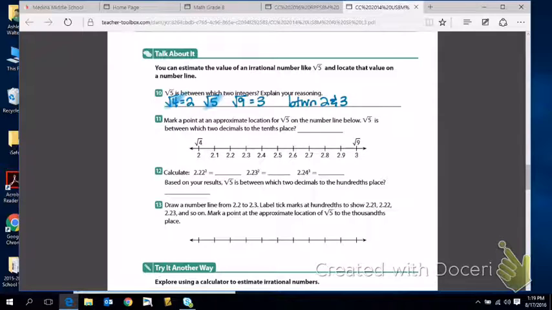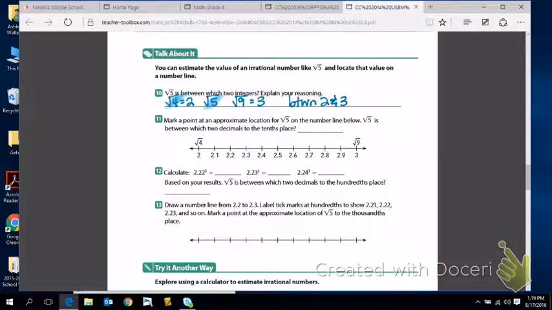In number 11, it says that we're going to mark a point at an approximate location for the square root of 5 on a number line below. The square root of 5 is between which two decimals to the tenths place? Since we think it's closer to 2, we might try squaring 2.2.